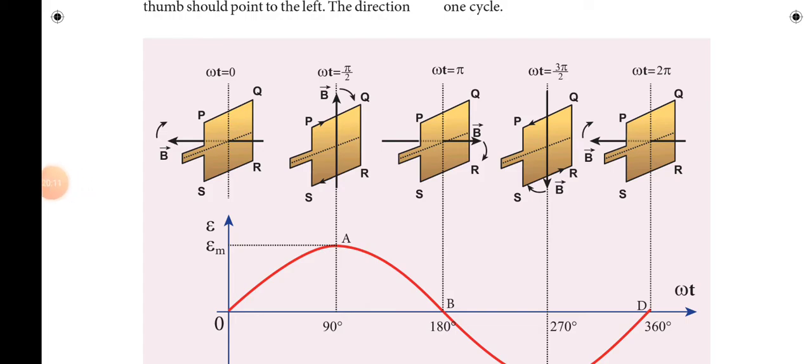This diagram shows the variation of induced EMF with respect to time or angle. In the first position, the magnetic field and the coil are perpendicular, so the induced EMF is 0.